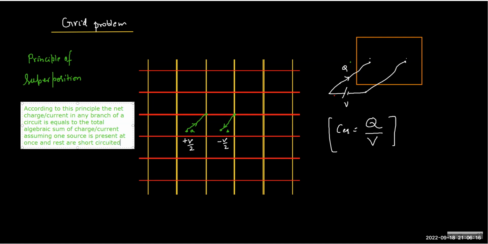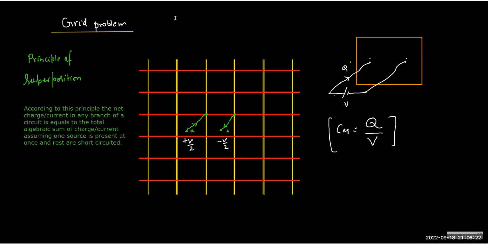It is not properly worded here, I think I made some grammatical error, but anyway. What I'm trying to say is, the net charge in any branch is equal to the algebraic sum of charge or current through the branch, assuming one source is present at once and the rest are short circuited.